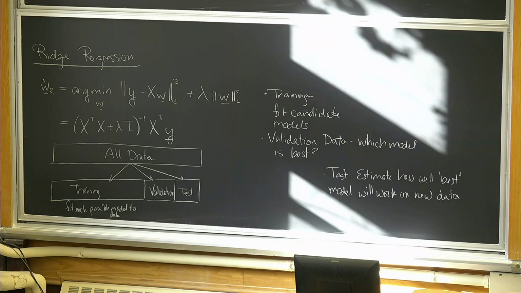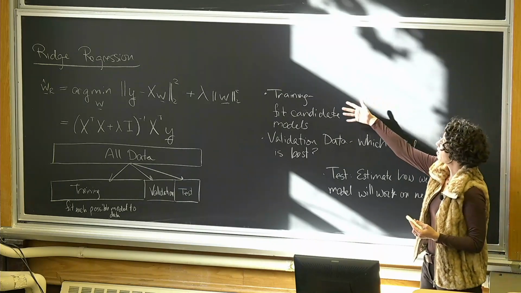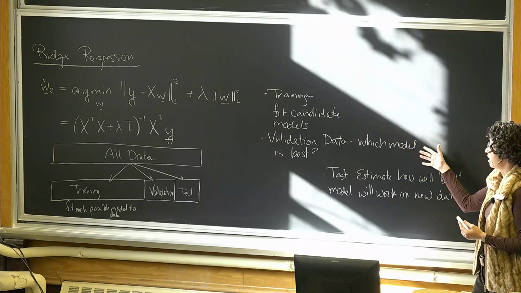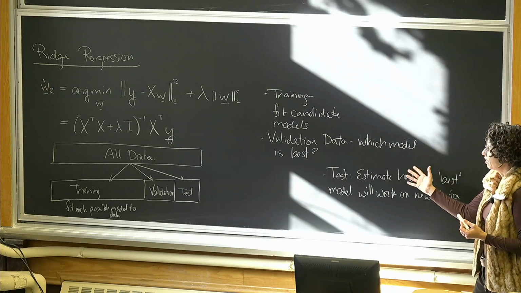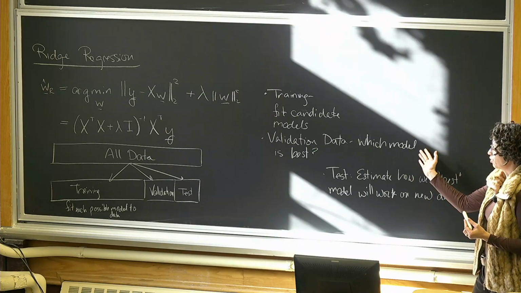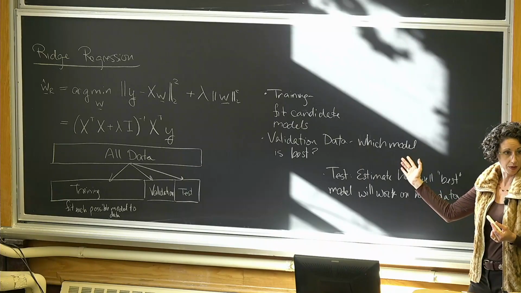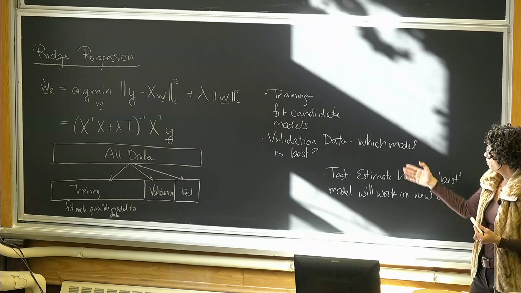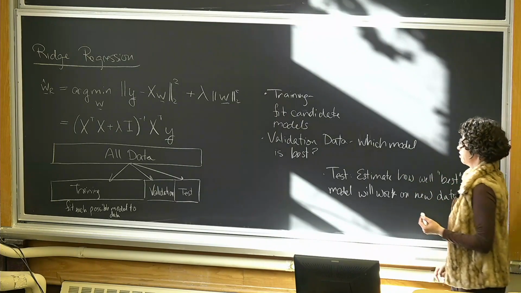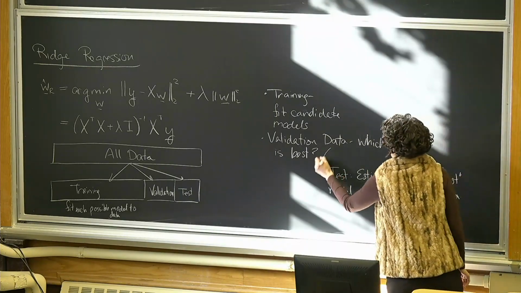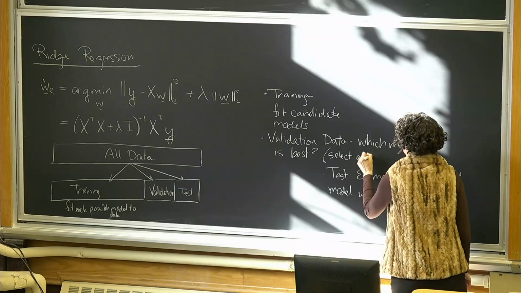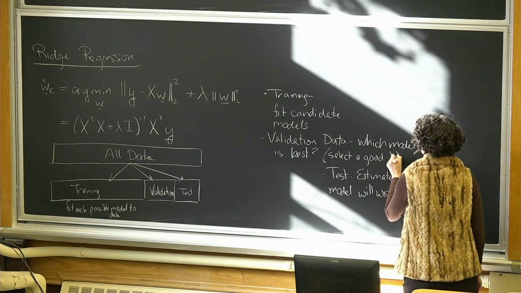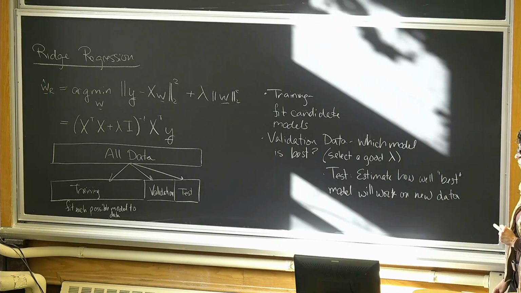So in the context of ridge regression, for instance, when I say I'm using the training data to fit candidate models and the validation data to say which model is best, I'm really thinking here about different models corresponding to different values of lambda. So what I'm doing with the validation data is I'm going to use it to select a good value of lambda in the context of ridge regression.